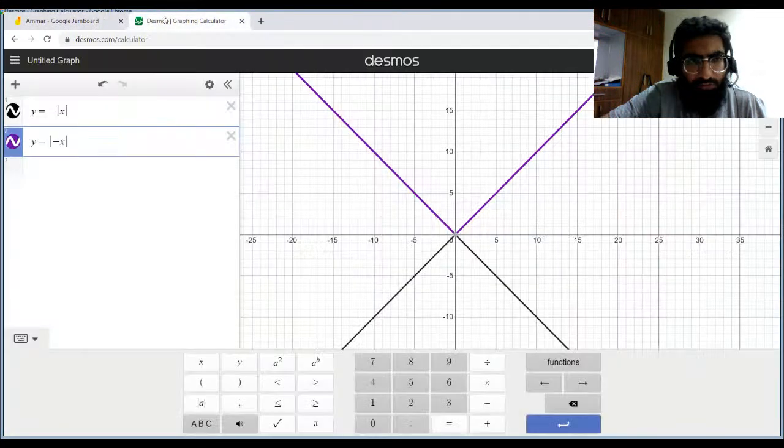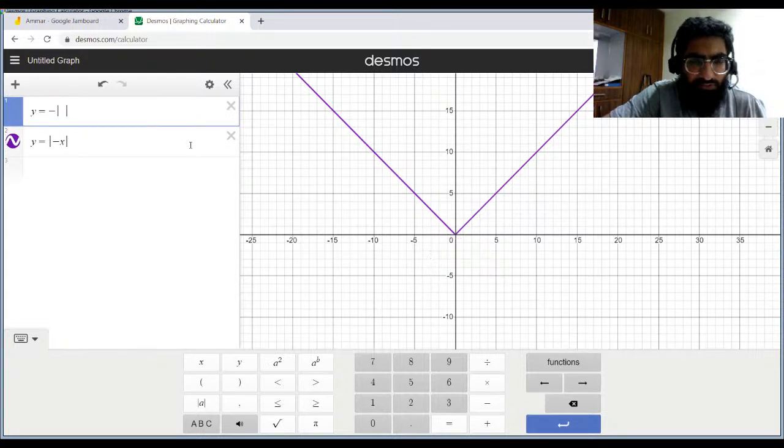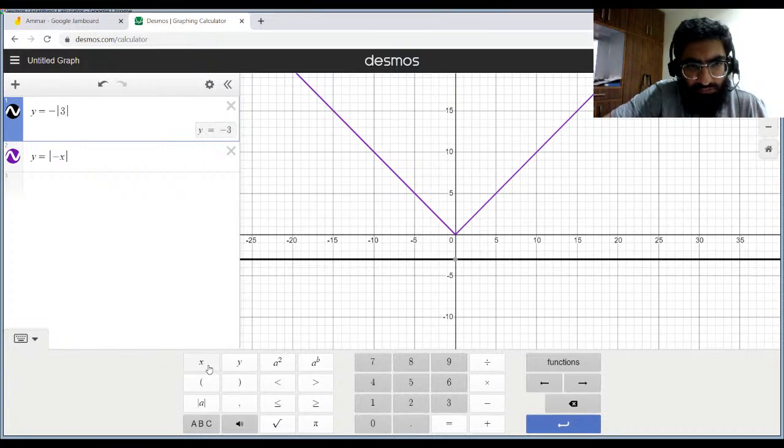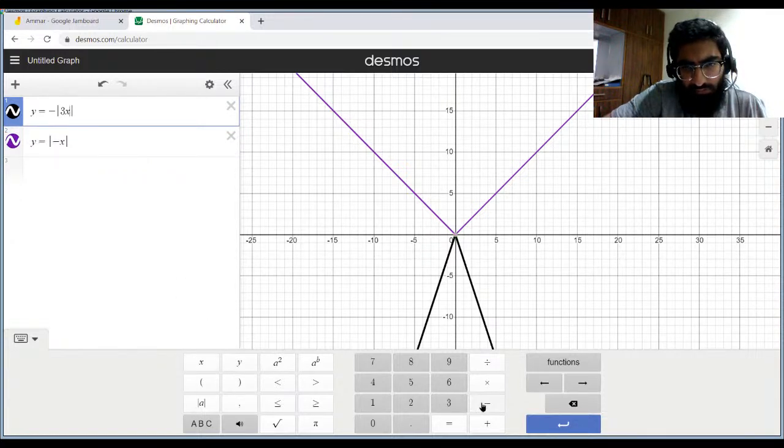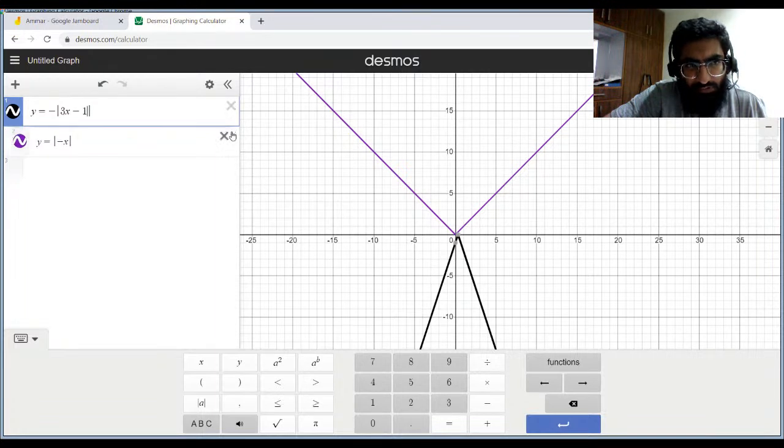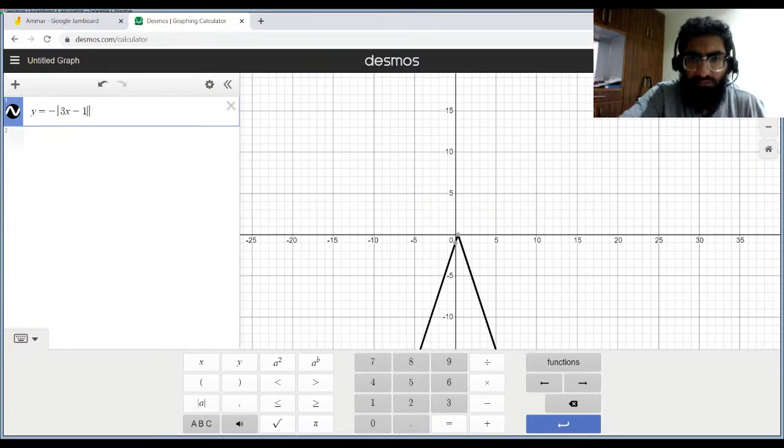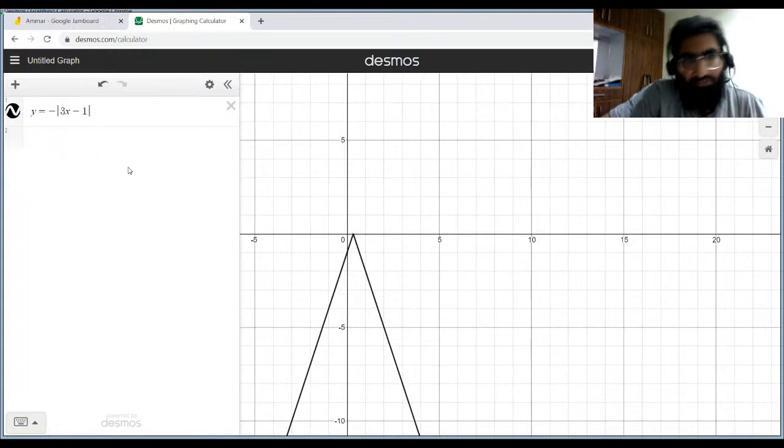Give me the function again. Y is equal to minus mod 3x minus 1. It would be like this. Whenever this negative is outside the mod, it's reflected below the x-axis.